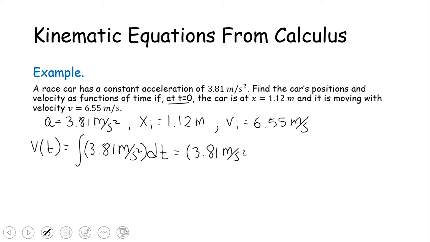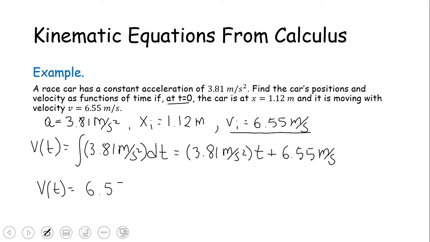And because now we know that the constant of integration represents the initial velocity, which is this number, we're just going to add it to it. And then if we want, we can rewrite the expression by flipping the terms, so it's in standard form, so to speak.